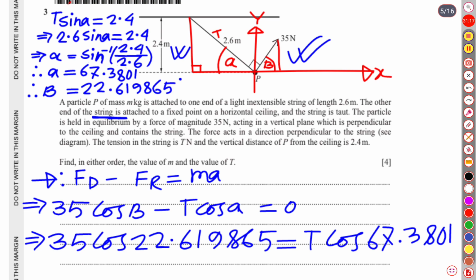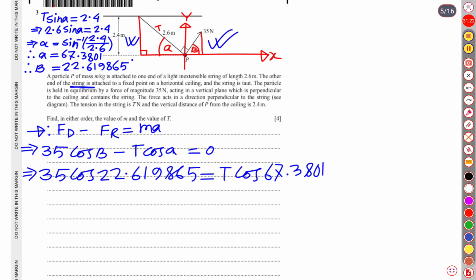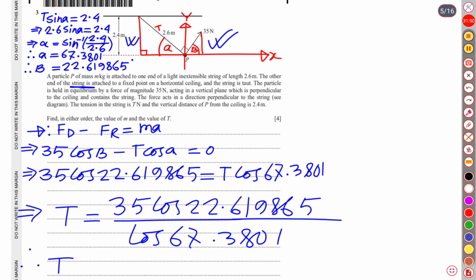Then if we make T the subject, T is equal to 35 cos 22.619865, which should be divided by cos of 67.3801.